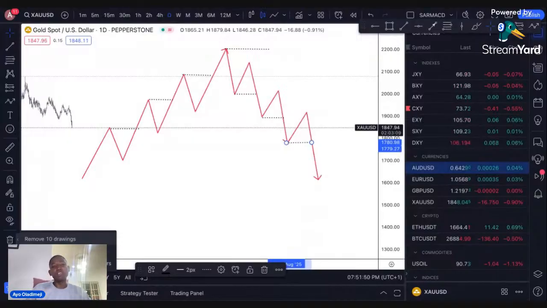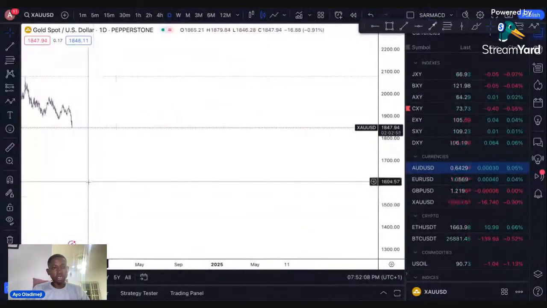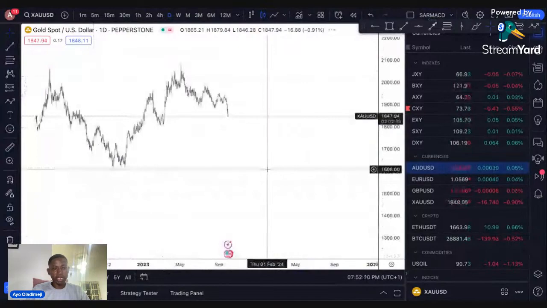When you see this movement of impulse and correction over a period of time going in a particular direction, whether upward or downward, if it's going upward, it's an uptrend. If it's going downward, then it's a downtrend. Okay, let's now go to the chart.